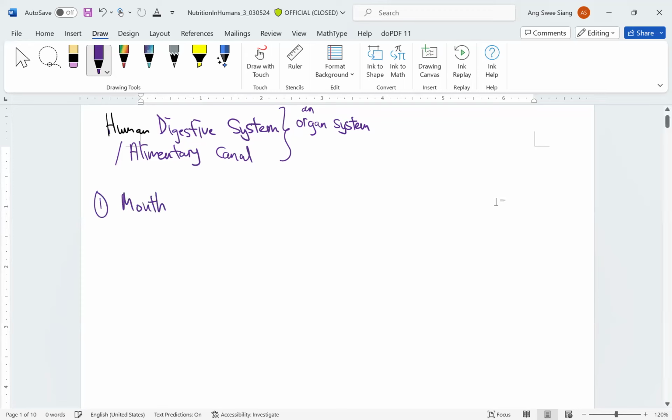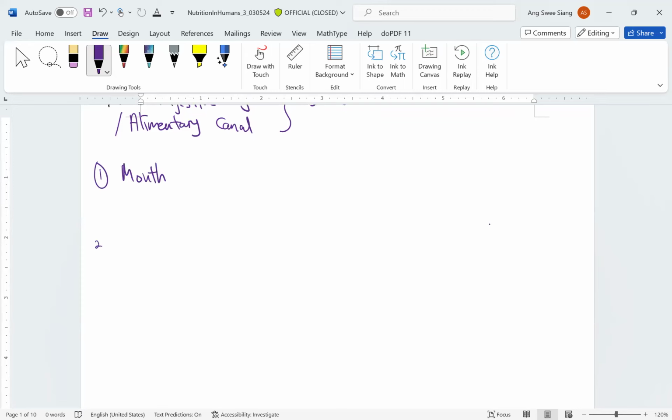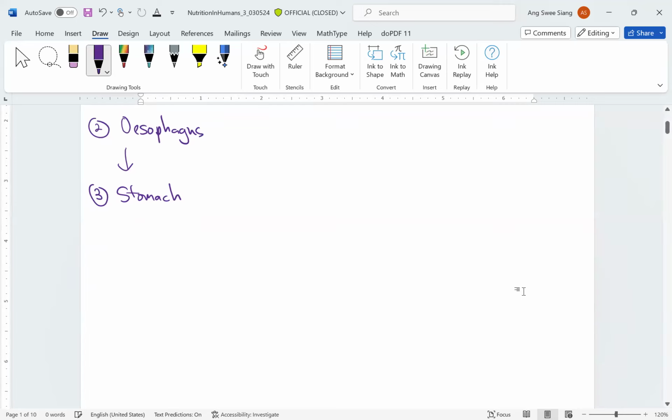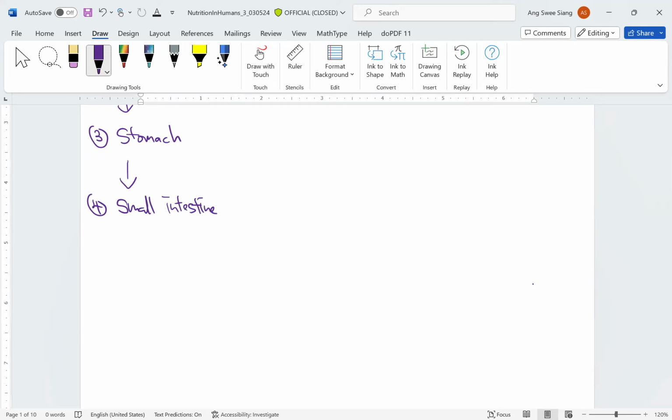The other day, in the first lesson, we already went through this, so I'm not going to spend too much time on the different organs. So mouth, esophagus, then the stomach, then the small intestine. For the small intestine in your syllabus, you need to know two parts. The first part is the duodenum, and the last part is called the ileum.